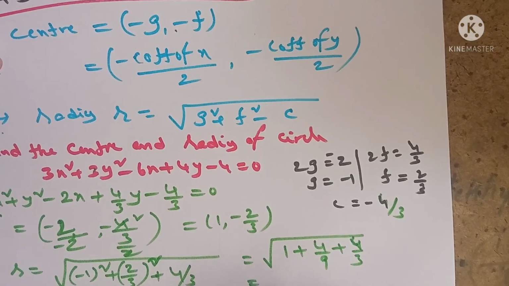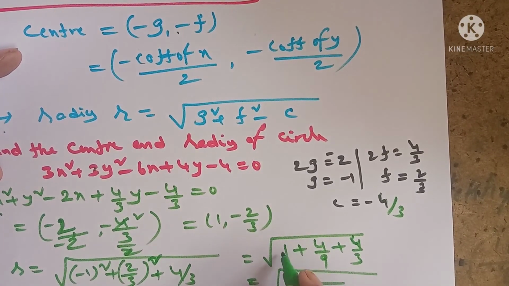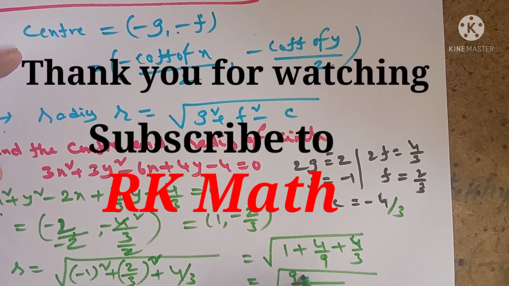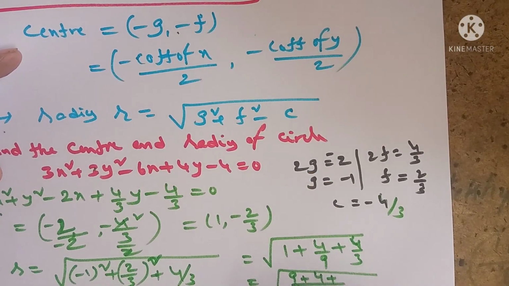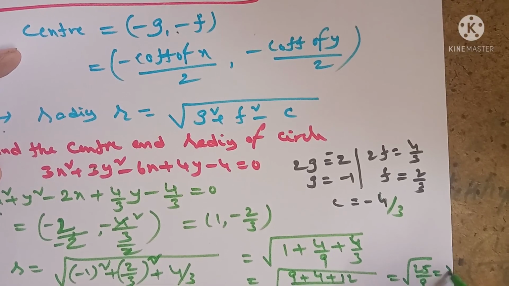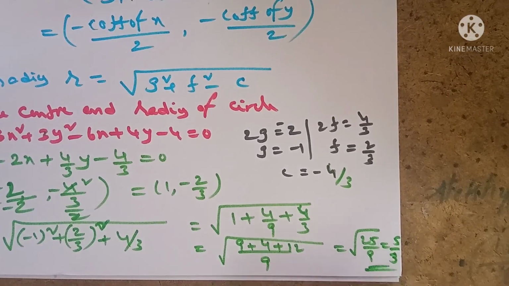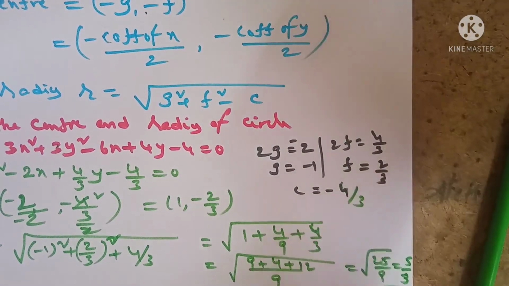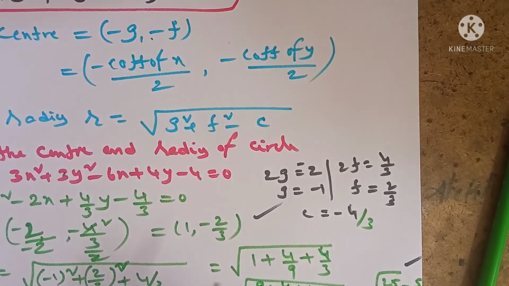LCM is 9. 9 plus 4 plus 3, 3 3s are 9, 3 into 4 is 12. 12 plus 9 is 21. 21 plus 4 is 25. Root 25 by 9. This is 5 by 3. That is the final answer. So center is 1 comma minus 2 by 3 and radius is 5 by 3.